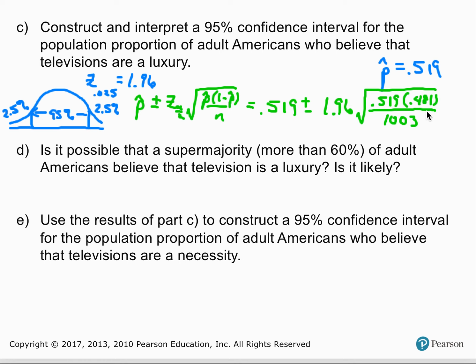I'm going to do the minus one first again. 0.519 minus 1.96 times the square root of 0.519 times 0.481 divided by 1,003. And I get 0.488.